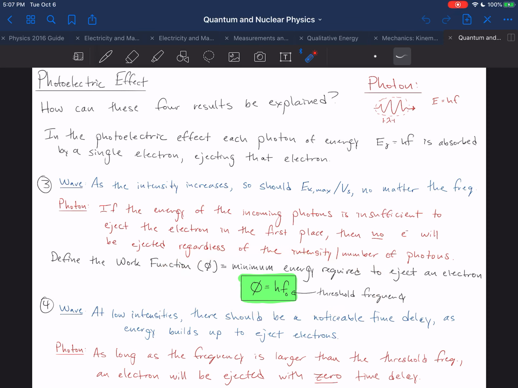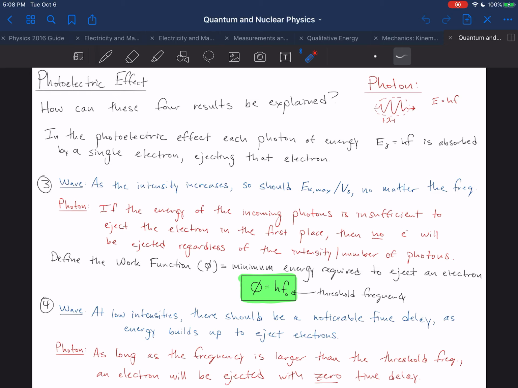And then finally, all right, on our wave theory, at low intensities, there should be a noticeable time delay as energy builds up to eject the electrons. So on our wave theory, if we've got a very low intensity UV light, we should actually have to wait for a little while for the energy being absorbed by the metal to build up until you can eject an electron. But what happens on the photon theory is that as long as the frequency is larger than the threshold frequency, an electron will be ejected with 0 time delay.